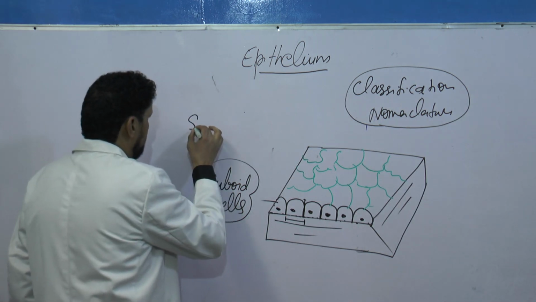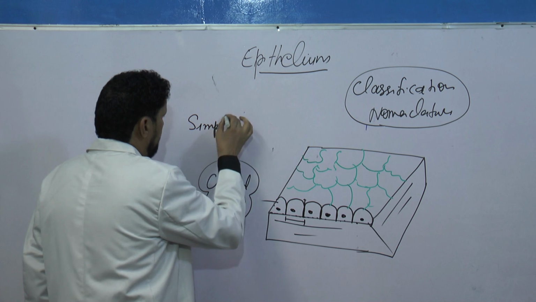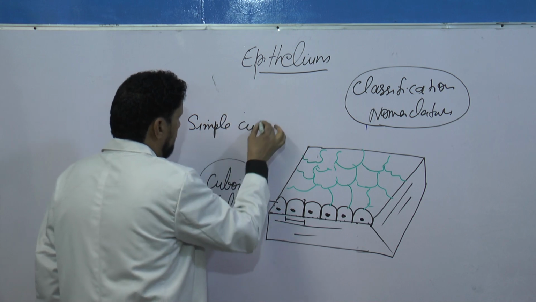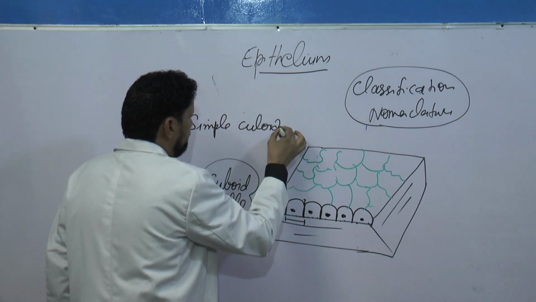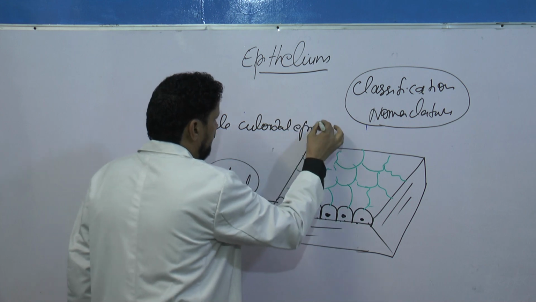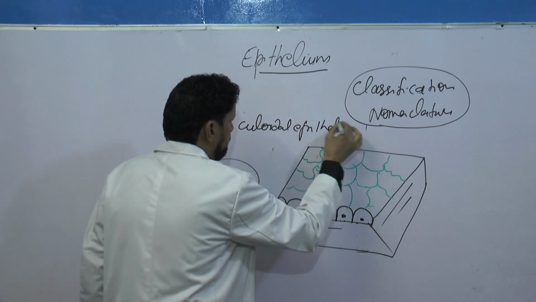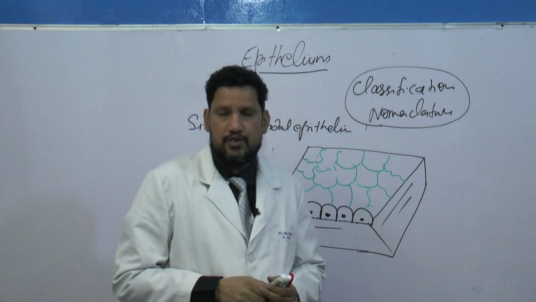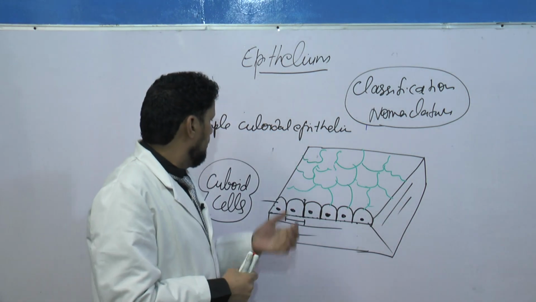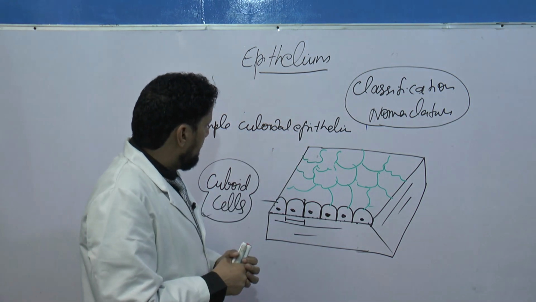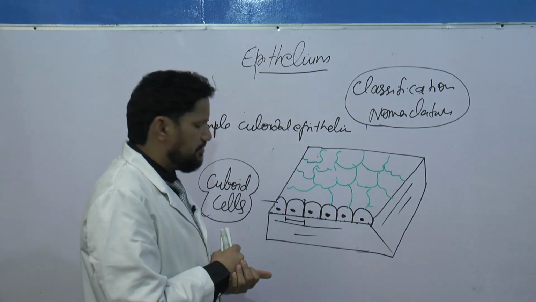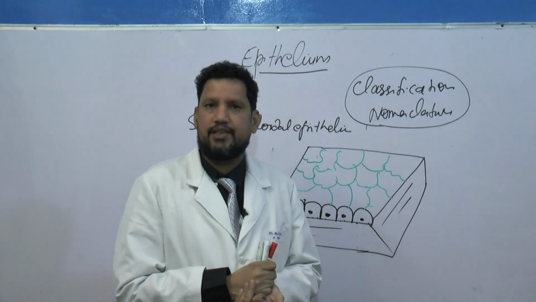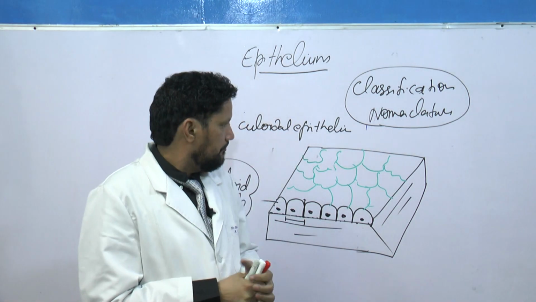The term simple cuboidal epithelium, and mainly this type of epithelia is seen in the ducts of the glands.